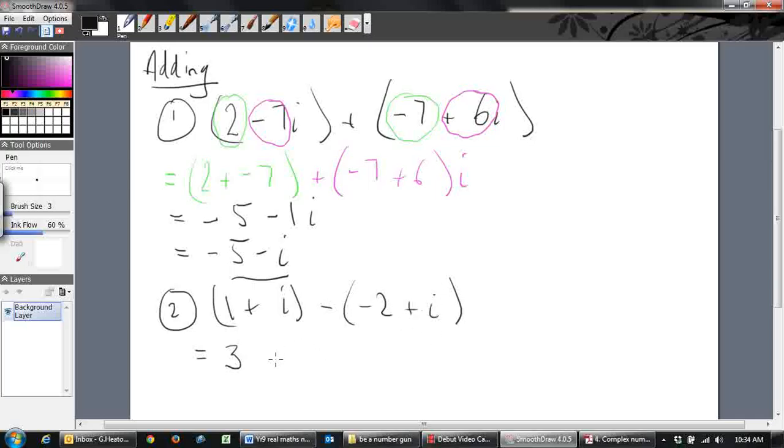We've got i minus i, which is 0i. Because we've got 0i, that does not exist, and we just end up with 3. So we end up with a real answer. Here we've got a complex number minus a complex number, and we end up with a real number. So when subtracting, make sure you put the brackets in. It's really important to put brackets in so that the negative goes to both parts of that complex number.